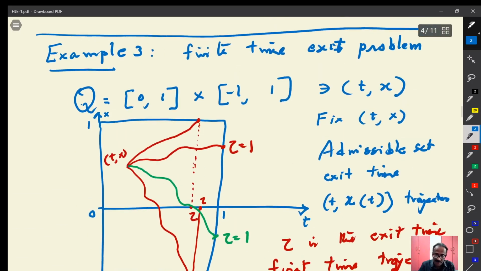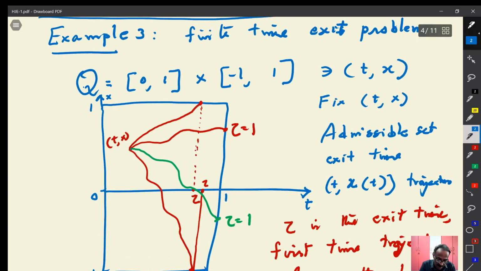So you have a domain, and this domain is 0, 1 cross minus 1 to 1, as you see here. And then you fix a point t, x in this domain, and then look for all trajectories starting from t, x. The maximum time is 1.